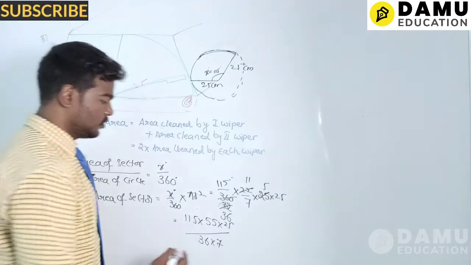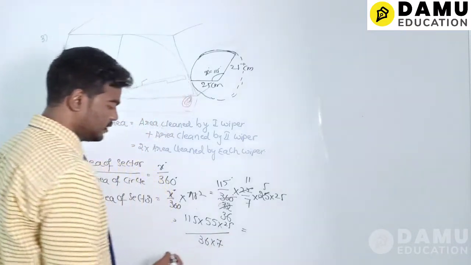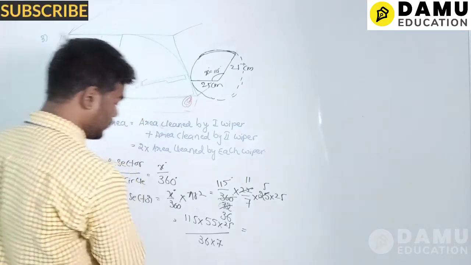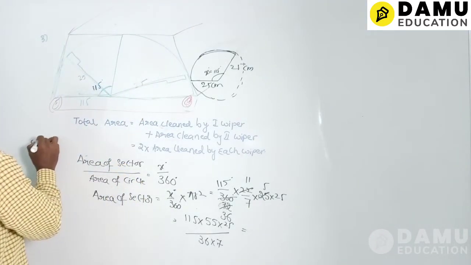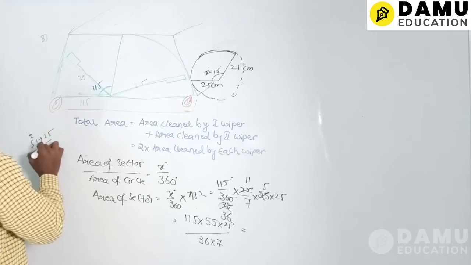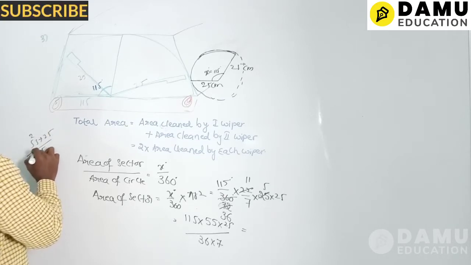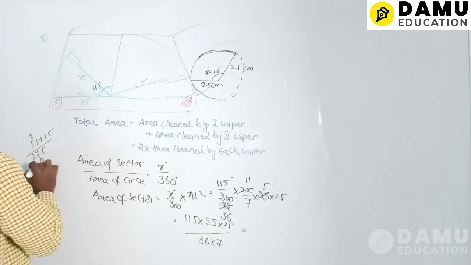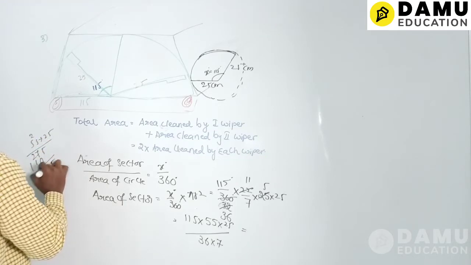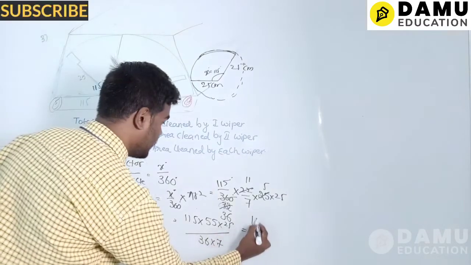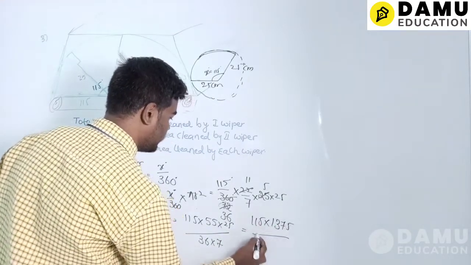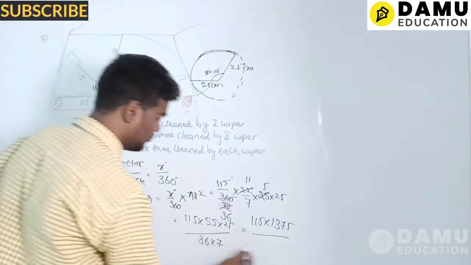Let's take 55 into 25: 5 5s are 25, 5 2s are 10 plus 2, and 5 into 5 is 25, giving 1375. So it is 115 into 1375 whole divided by 36 into 7.